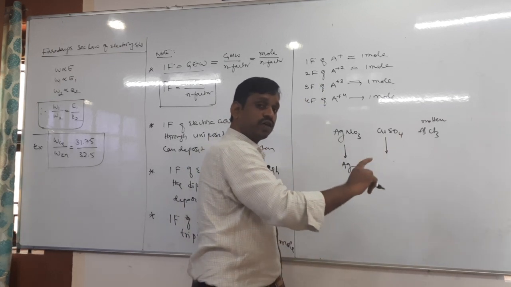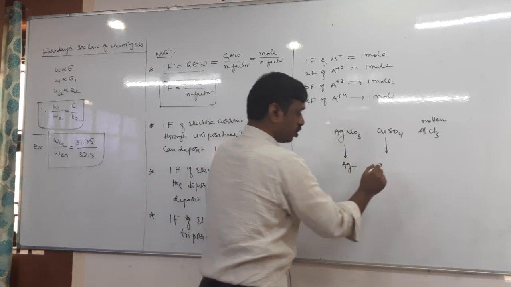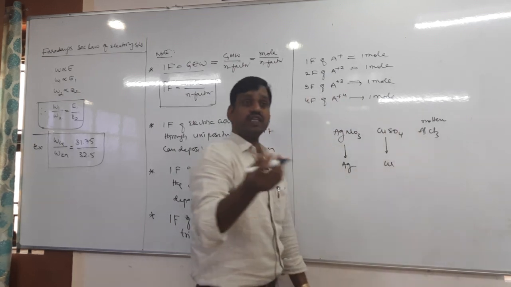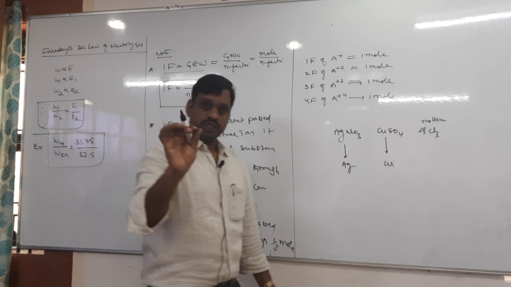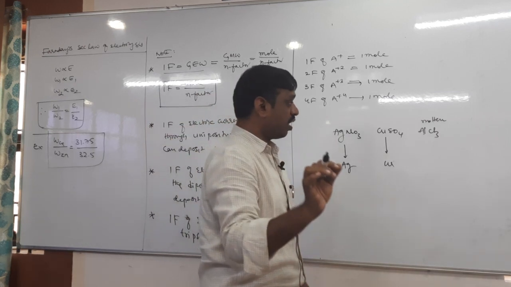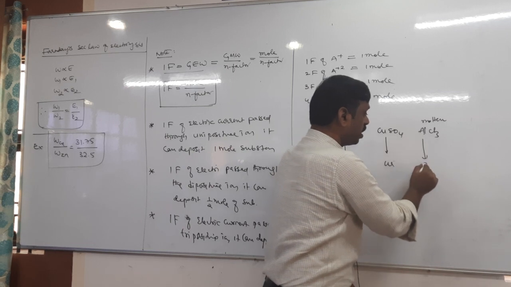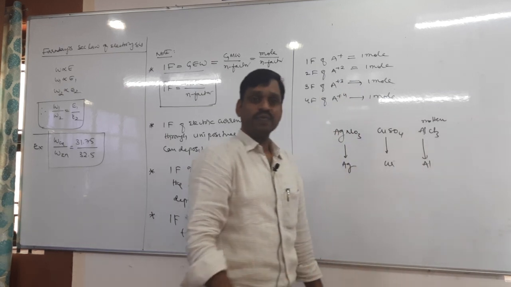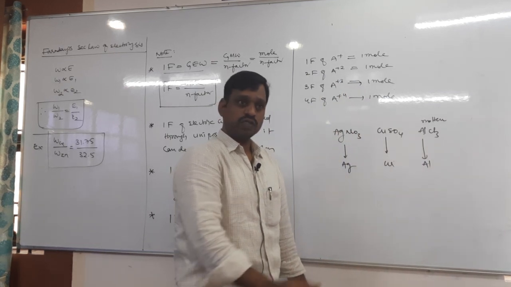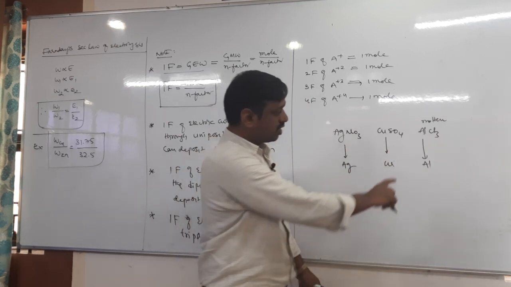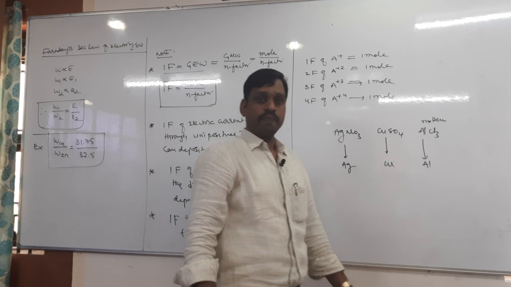Copper, because copper comes after hydrogen. Here copper is deposited. And in molten there is no hydrogen. Suppose it is aqueous AlCl3, can you expect aluminum to be deposited? No, hydrogen is liberated, because aluminum is present before hydrogen. Now it is molten, therefore aluminum is deposited.